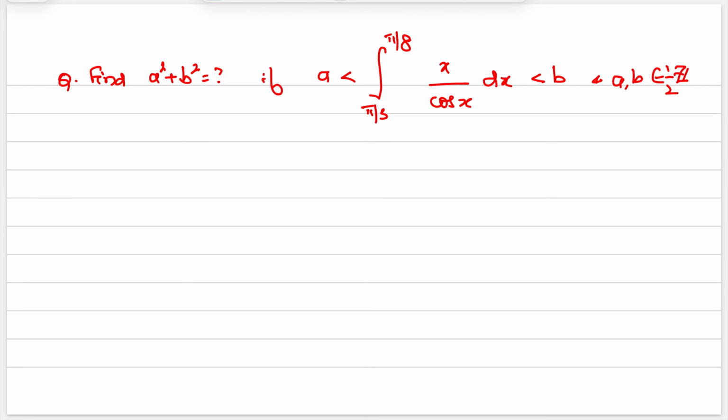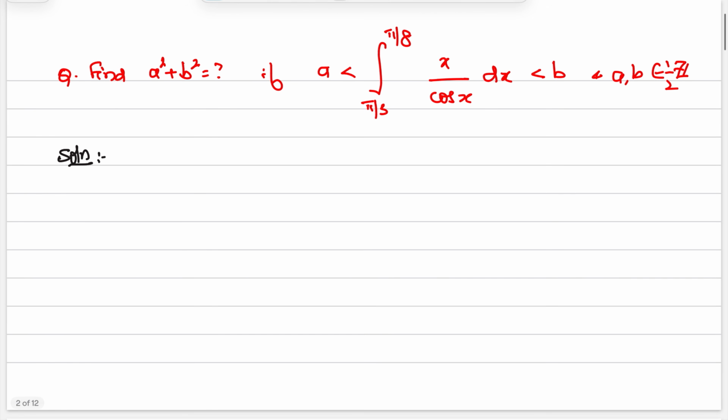Now, let us try to solve this problem. Solution. The first constraint is a, b belong to the half integer set.